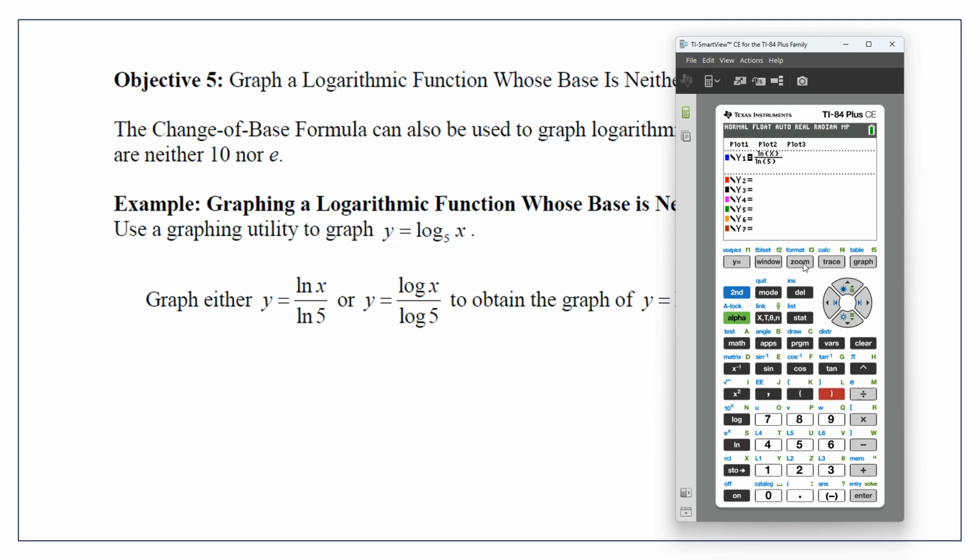Then we do zoom, and we want to fit it, so that'll be 0. And now we have the graph of log base 5 of x. That's how you graph a log in your calculator when your base is neither 10 nor e. Awesome. Well, that concludes section 4.5.